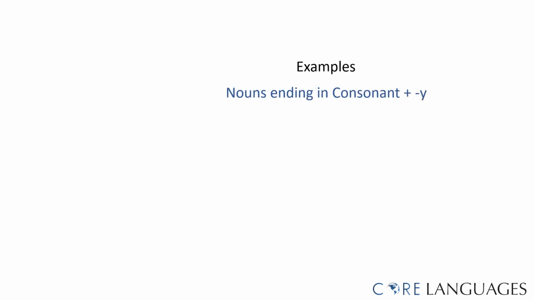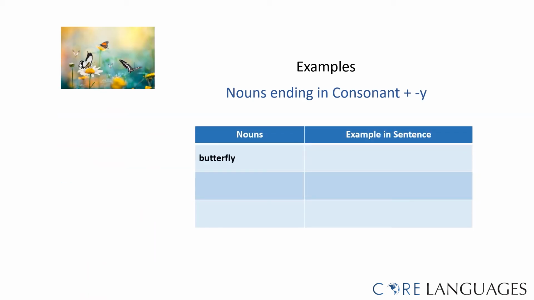Here are examples of nouns that end in a consonant and the letter Y. Remember that we remove the Y and replace it with IES in the plural form. For example, butterfly.